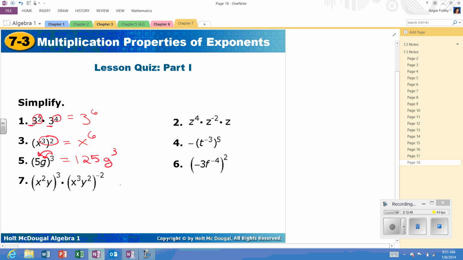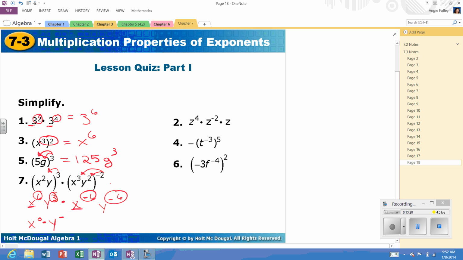Okay, on this next one, I'm going to distribute this first. So that's going to give me x to the 6th and y to the 3rd, times, I'm going to distribute this now, x to the negative 6th and y to the negative 4th. Now I'm going to combine my like exponents, the ones with the same base. So 6 minus 6 becomes x to the 0. 3 minus 6 becomes y to the negative 3rd.